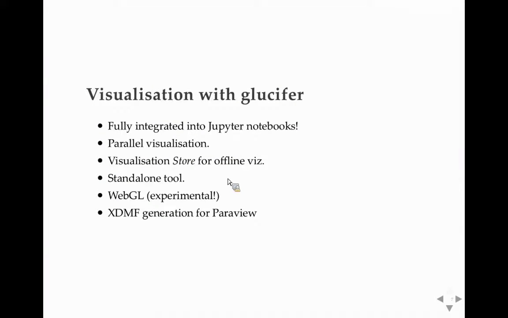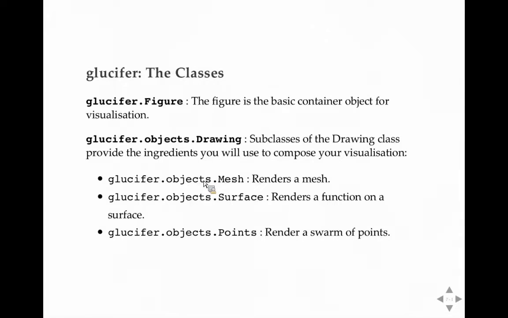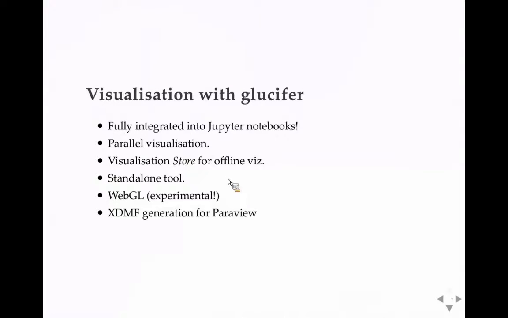Right, so I'm going to step back now and give you a quick tour of our visualization engine, because like I said, it's really integrated in everything we're doing in the notebooks. It's called gLucifer. It's been in development for a good 10 years, through the original Underworld and now Underworld 2. It's fully geared for running on big supercomputers.